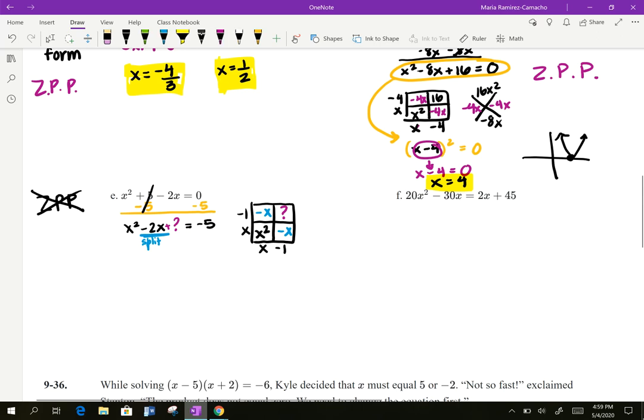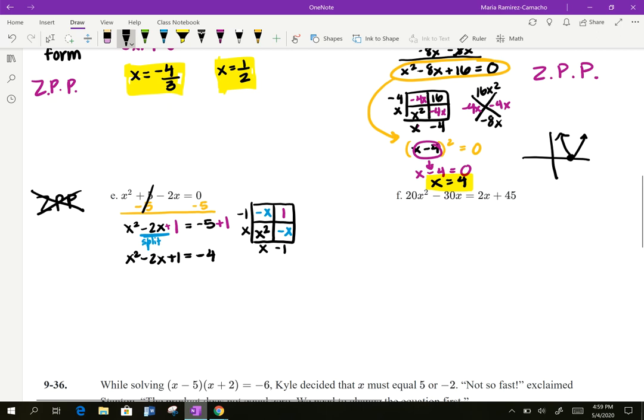Well, -1 times -1 is +1, okay? So if I'm adding 1 to complete the square, then I'm going to do that in my equation. And whatever I do to the left side of the equation, I have to do to the right side. Okay, don't forget that. So let's simplify the right side of the equation first. -5 plus 1 is -4.